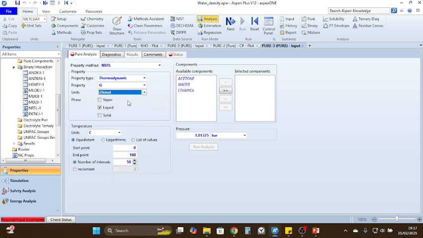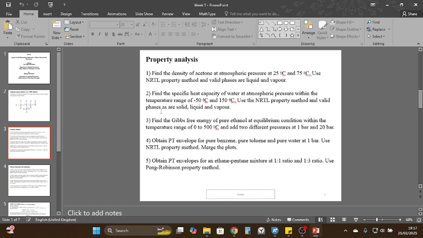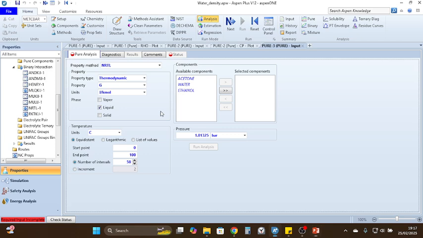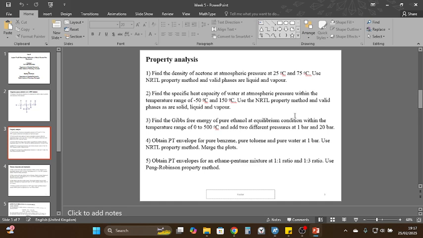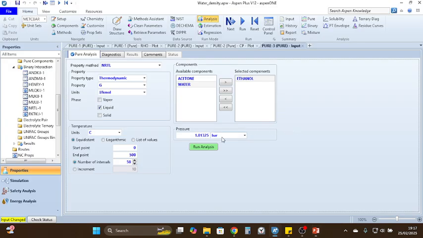The unit will be joule per kilomole. This is 0 to 500 degrees Celsius, and we are doing it for ethanol. So two pressures are being asked. One is at 1 bar.